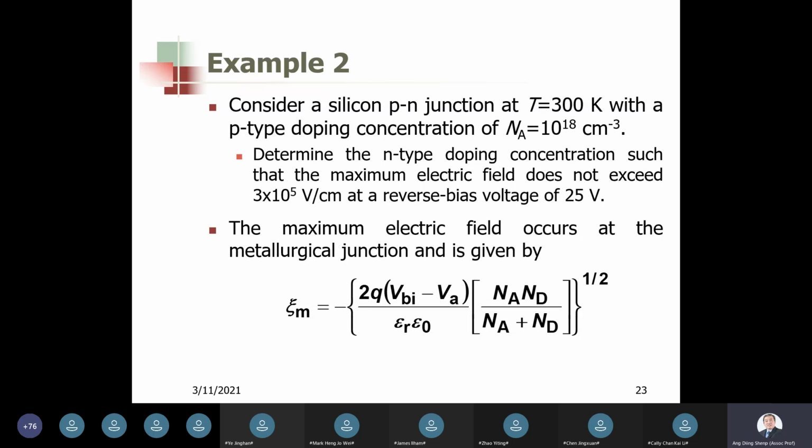In the next example, you're asked to consider a silicon PN junction at 300 Kelvin with a p-type doping concentration of NA equals 10 to the power 18 per centimeter cube. You're asked to determine the n-type doping concentration such that the maximum electric field does not exceed 3 times 10 to the power 5 volt per centimeter at a reverse bias voltage of 25 volts.